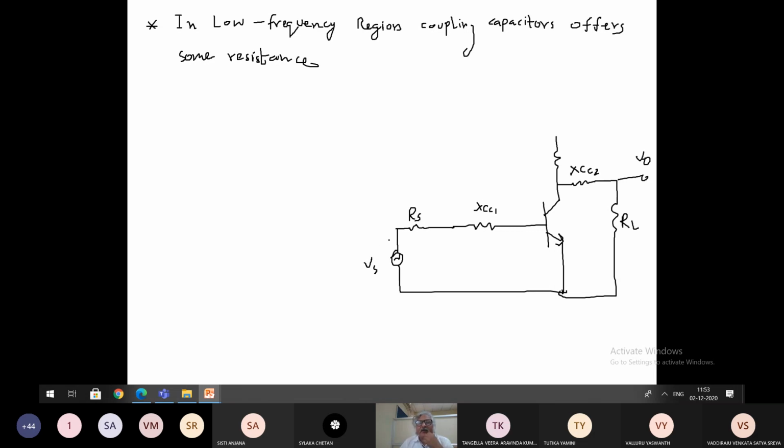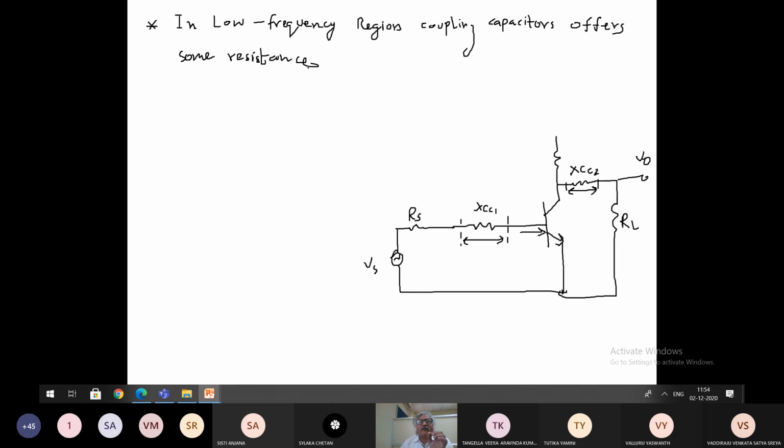Now whatever is the Vs, across this capacitor there will be some voltage drop, right? So a lesser amount of input will enter here. Whatever is the amplified output, that amplified output will again drop across the capacitive reactance of coupling capacitor number 2. So the final output will be less, right? So at low frequency region, what is happening?